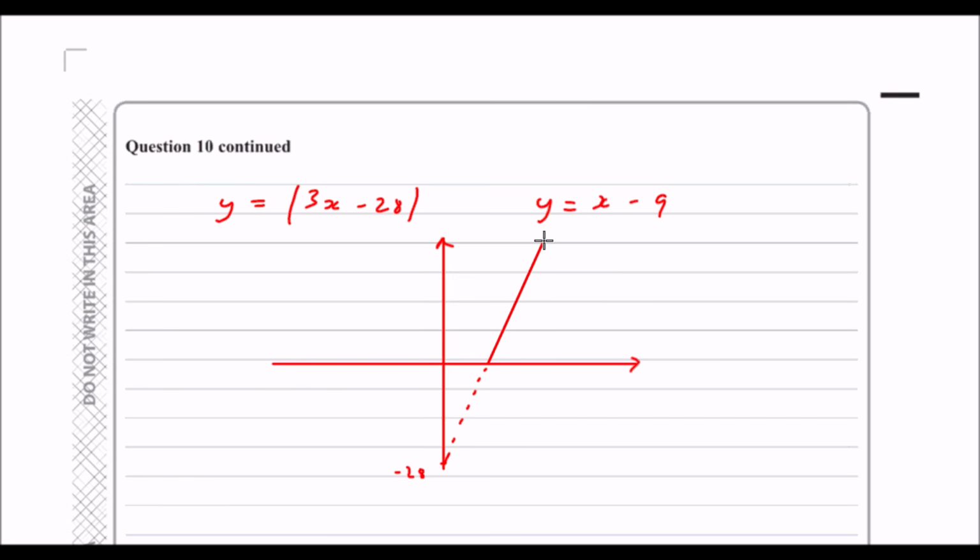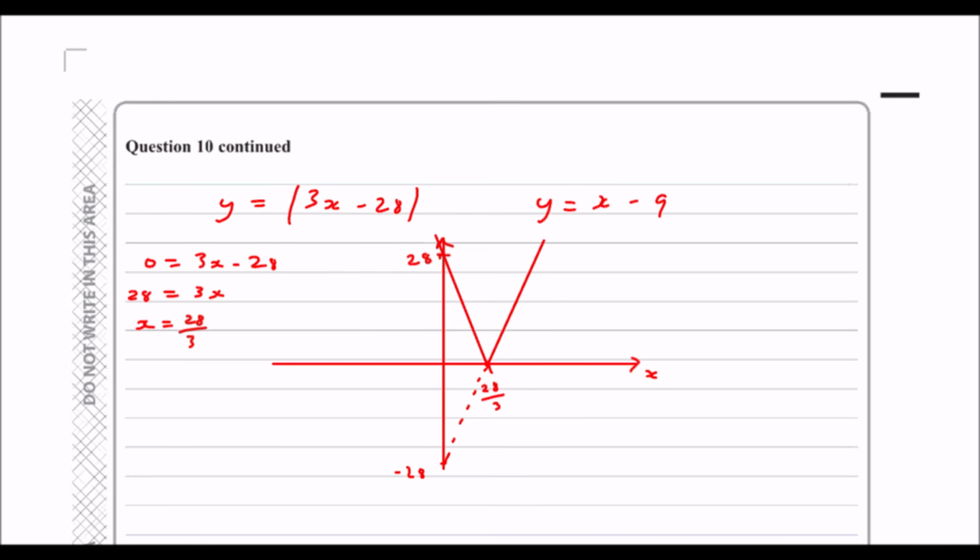So this part of the graph we have, and then the other part that would have been down here reflects back up on the positive side, and it intersects at positive 28. So what's this value here? It crosses x when y equals 0. So 0 equals 3x minus 28, so 3x equals 28, x is 28 over 3. So this intersection here is at 28 over 3.